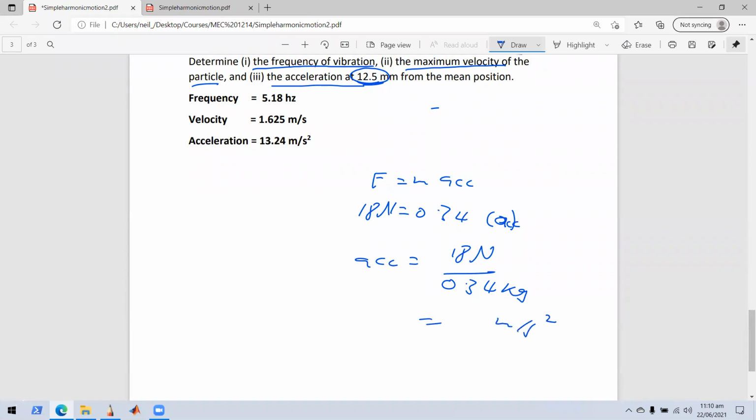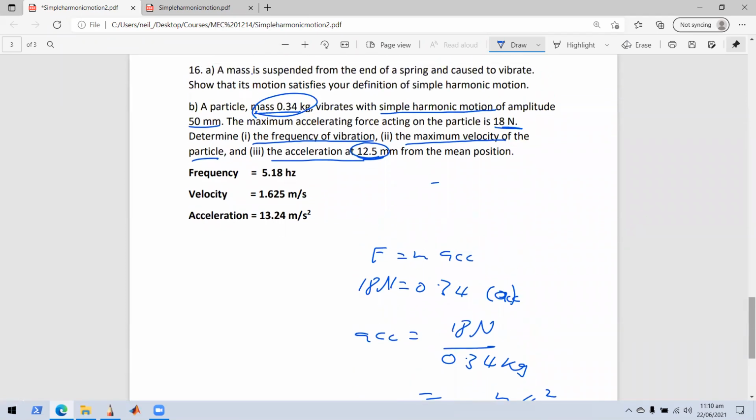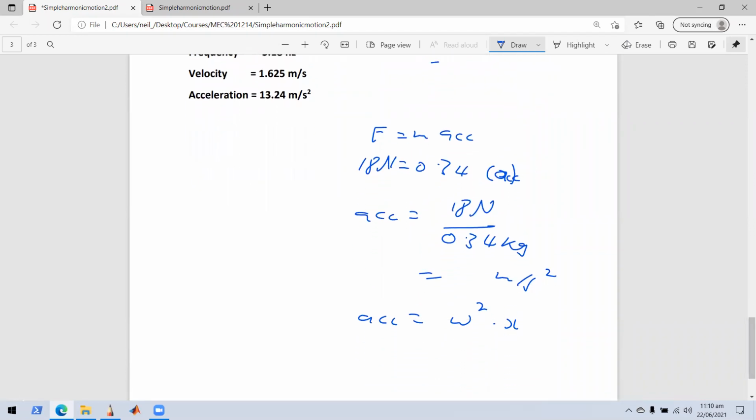Now, having found the acceleration, we can equate it to omega squared times x to find the frequency.